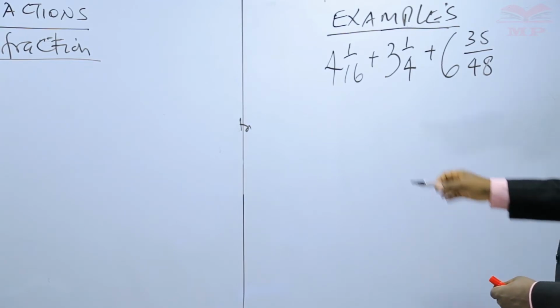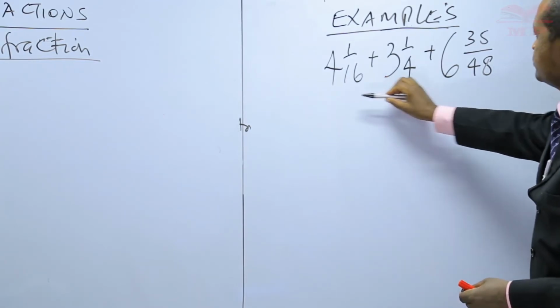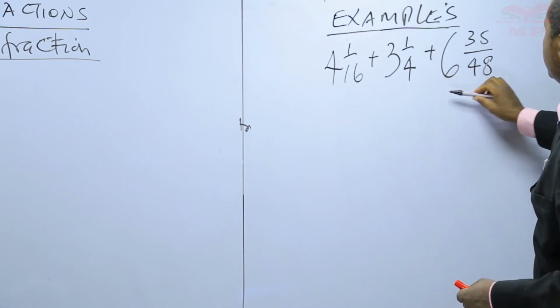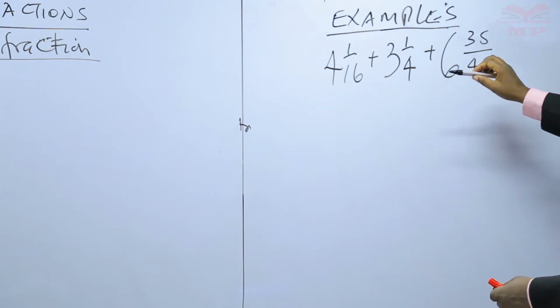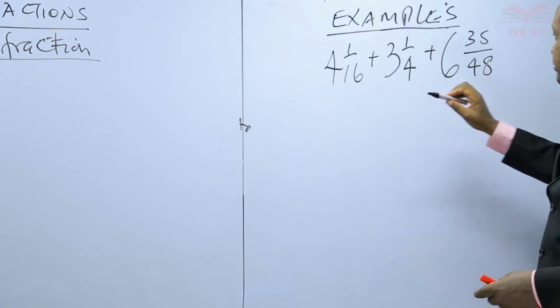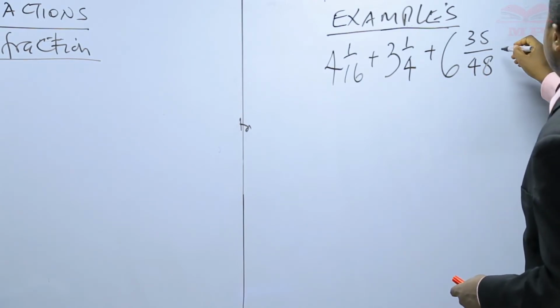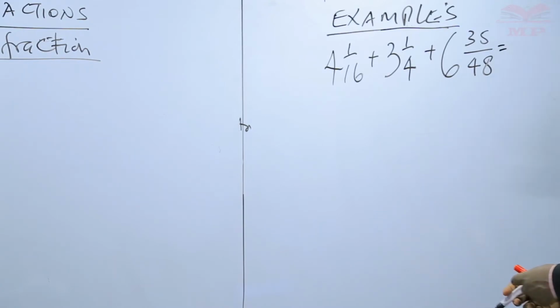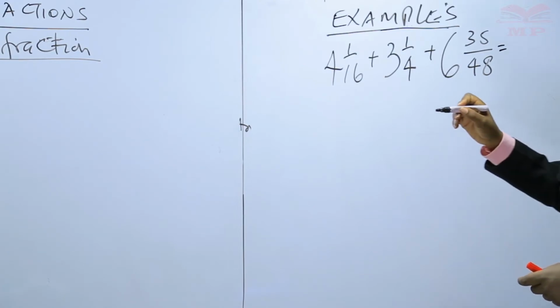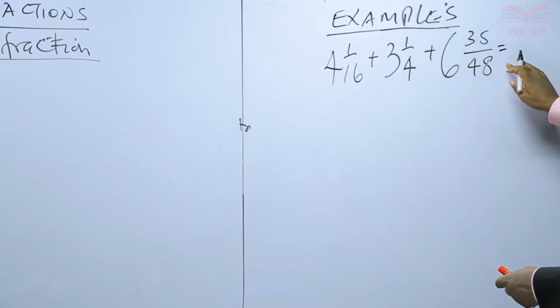We can see these are mixed fractions. In carrying out operations on mixed fractions, the first thing to do is to add the whole numbers first and then add the fractions separately.